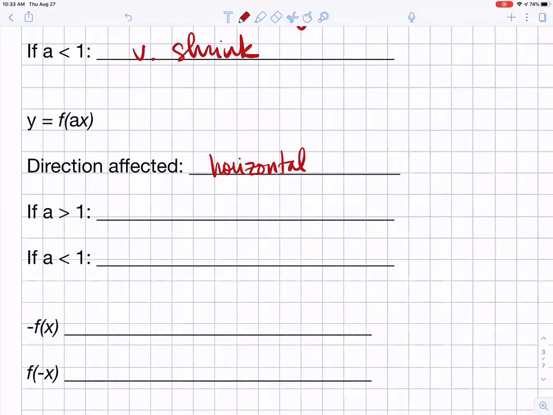When my A was bigger than 1, so I was still using the parabola parent, how did that affect my graph? What was it doing? You gotta think horizontally. Remember, I was being squished from the 2 sides, so as I was squished from either side, it was getting skinnier. Remember that? So that's a horizontal compress or a horizontal shrink.